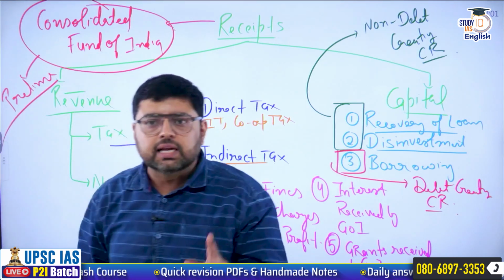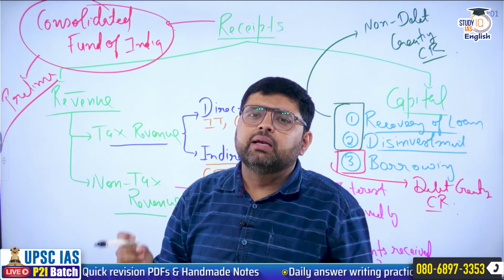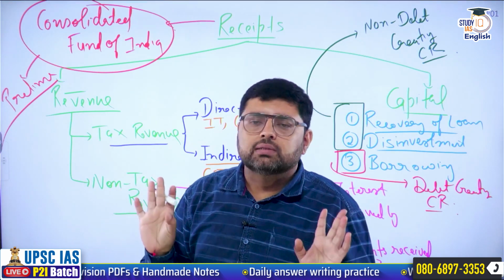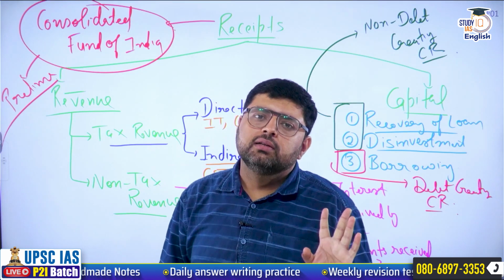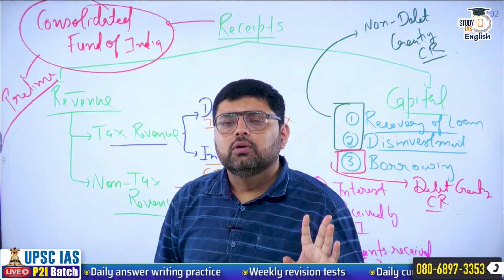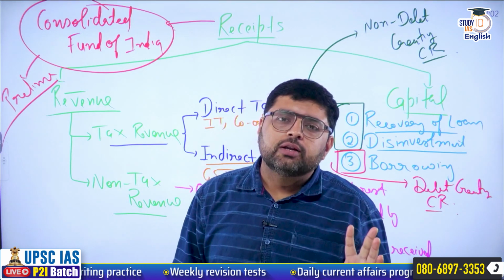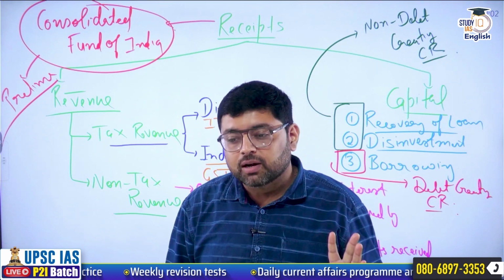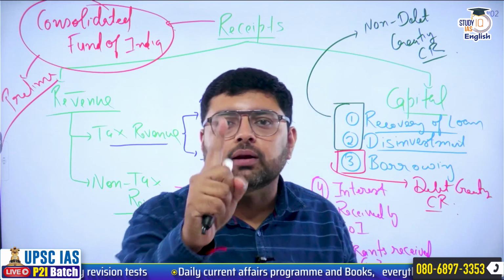Now if your basics are clear, such types of questions can easily score you marks. So cracking UPSC means that you need to get 50% marks. No one is saying that you have to bring 100% marks, or 80%, 90%. On 50% you are the topper.